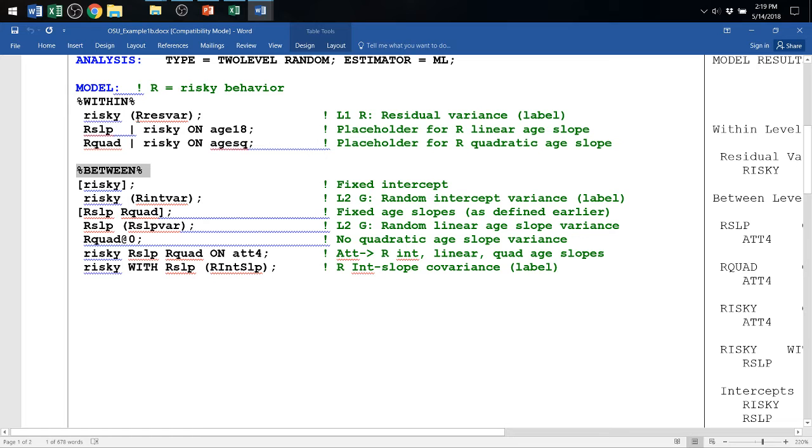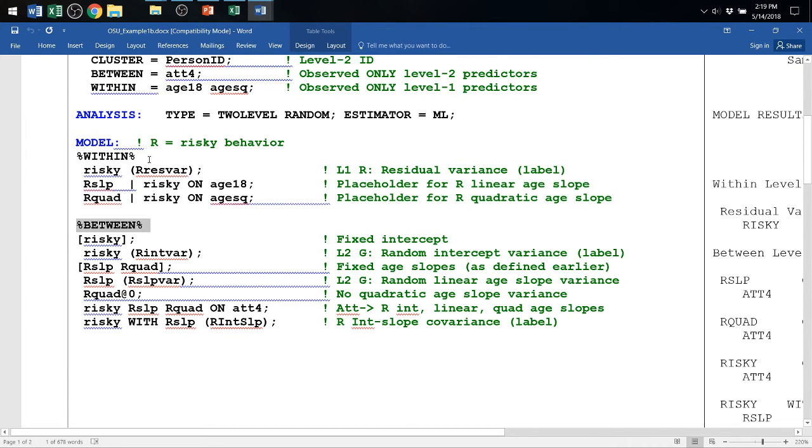M+ is not case sensitive, but I always write it that way. So in these models, when you list a variable all by itself, you are referring to its variance. Whether it should be a variance or a variance left over, a residual variance, M+ understands based on the context of the model, so you don't have to worry about that.